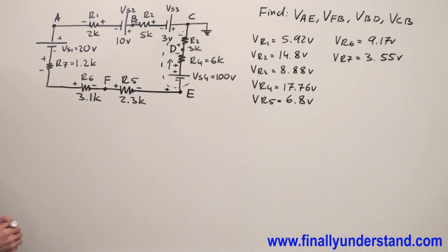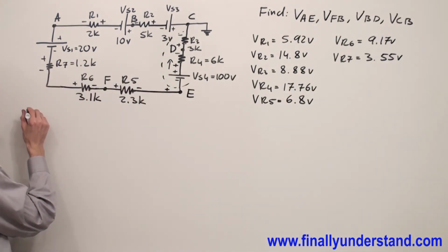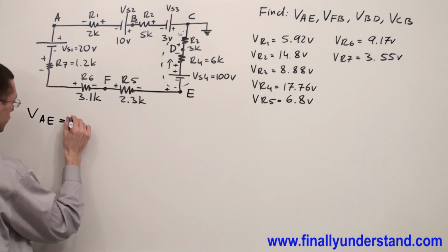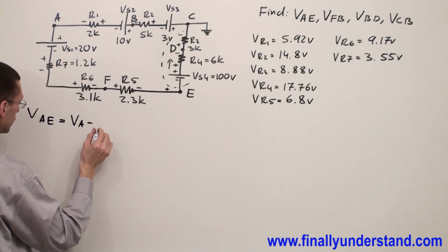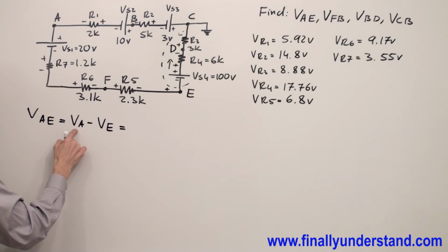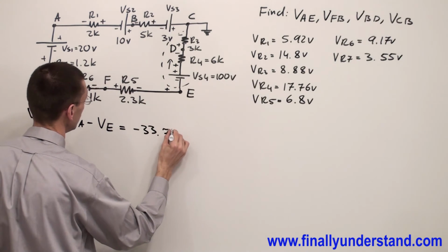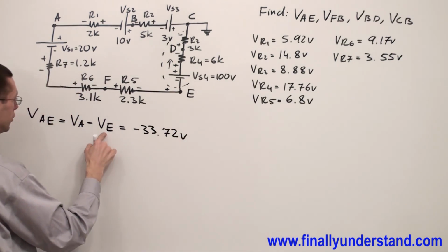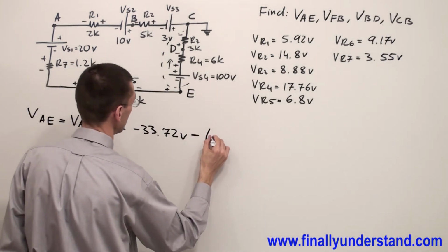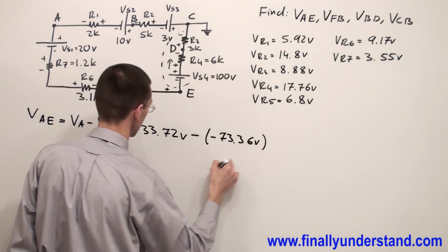Next, we're supposed to find these voltages. VAE is nothing else but voltage VA minus voltage VE. VA we said is equal to negative 33.72 volts. Minus VE is equal to negative 73.36 volts.